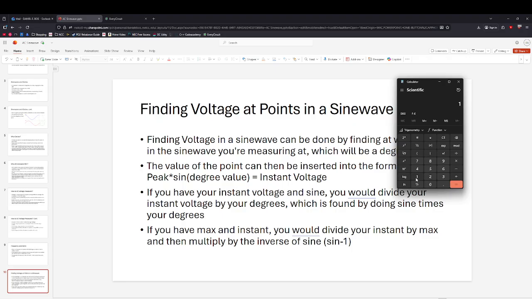No, I did that wrong. 147 divided by... we're doing this, aren't we? So if we're at 60 degrees, sine times 147. Oh, I have to do that by division.